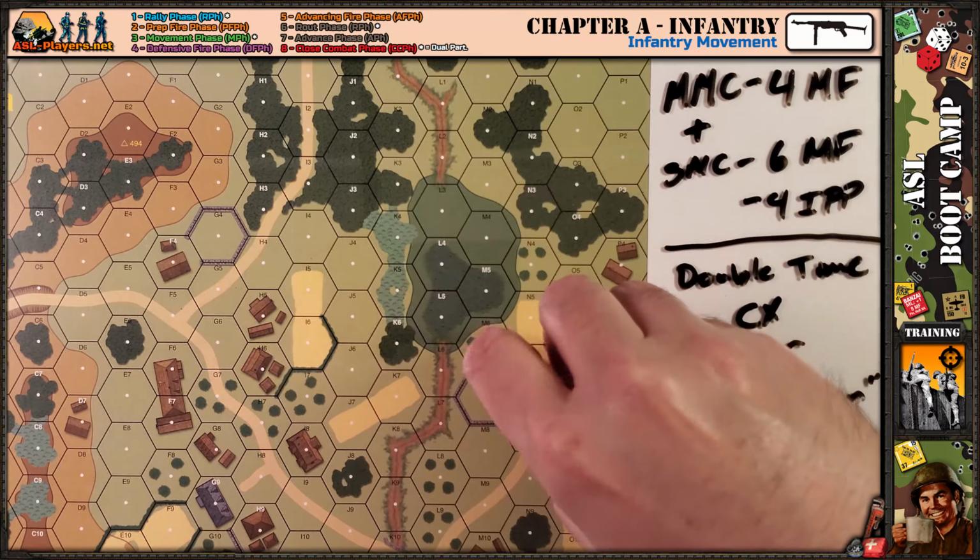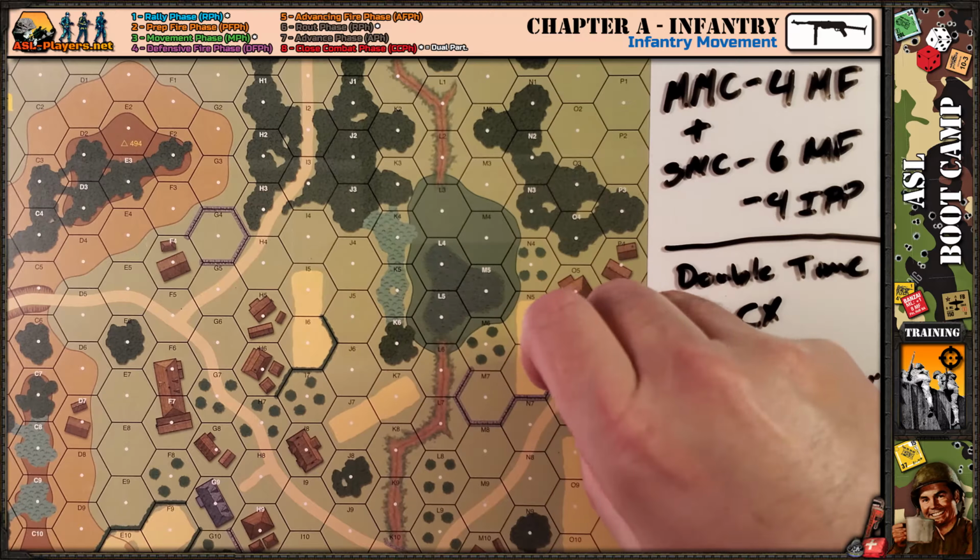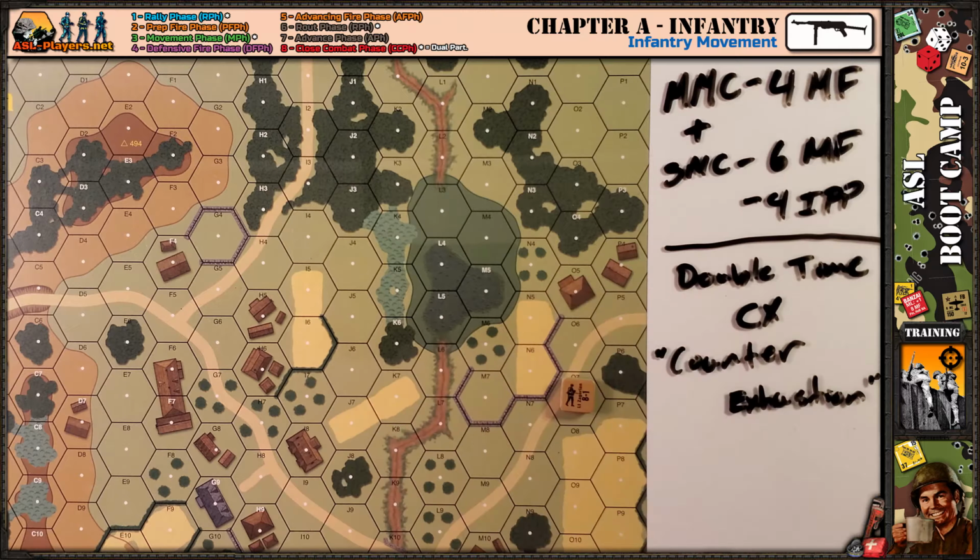Let's put this guy back here on the road, or 2 squads and this leader. If I declare double time, I get 2 extra movement factors if I declare it before I start moving the unit or stack of units. So let's declare double time for this stack and see how far they can go.